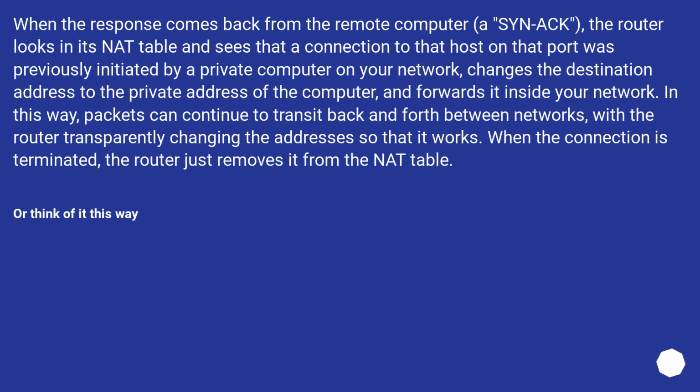In this way, packets can continue to transit back and forth between networks, with the router transparently changing the addresses so that it works. When the connection is terminated, the router just removes it from the NAT table.